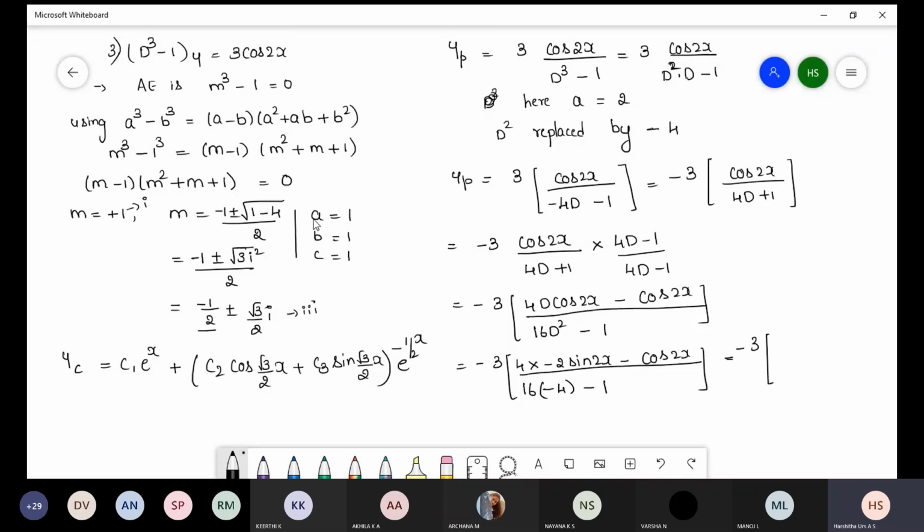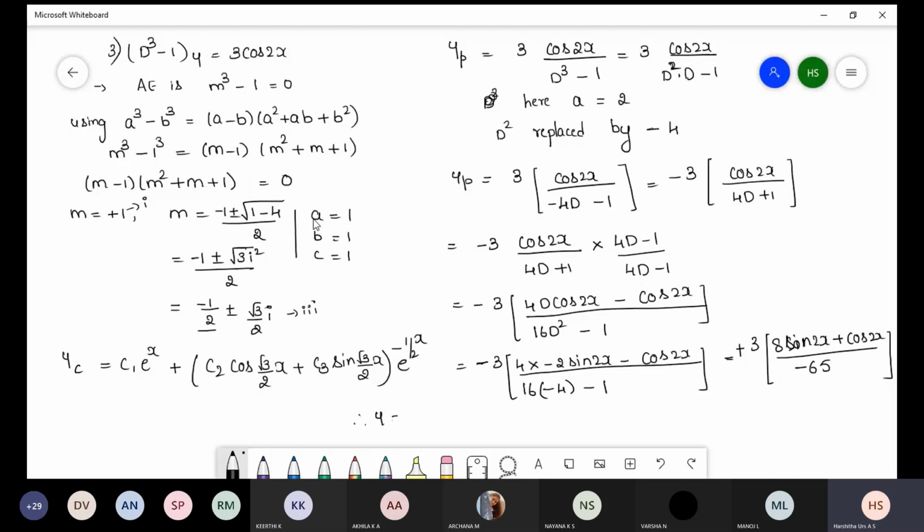So minus into minus it will become plus 8 sin 2x plus cos 2x, because I have taken minus as a common term in the numerator. Already we have minus here, so minus into minus plus. So minus 64 minus 1 is minus 65. So this is the answer of yp.